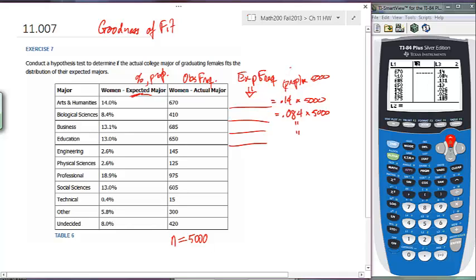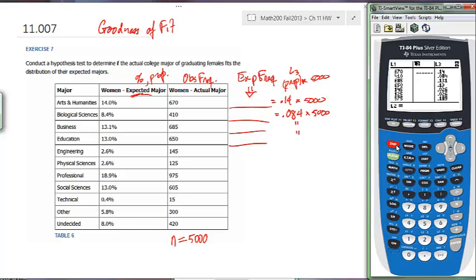Now I have my proportion in L3, so on my calculator, I'm going to type second function L3 times 5,000. And then when you hit enter, this list will get populated with our expected values.